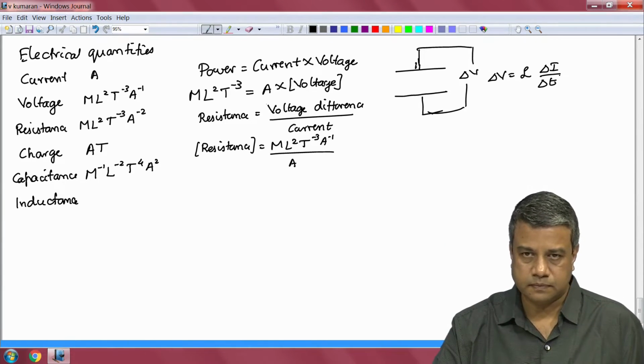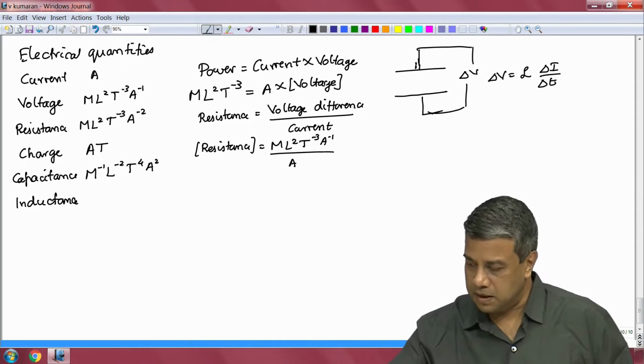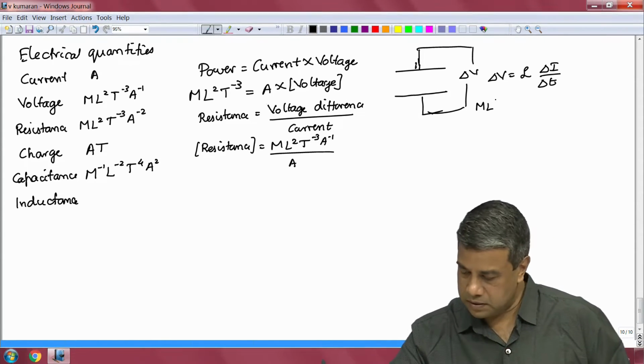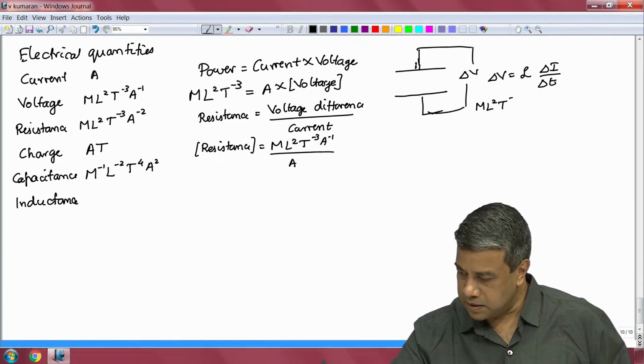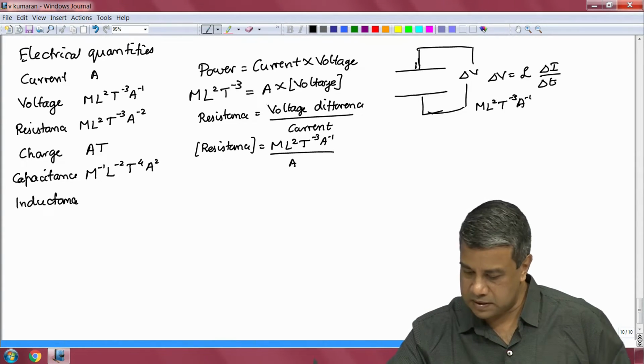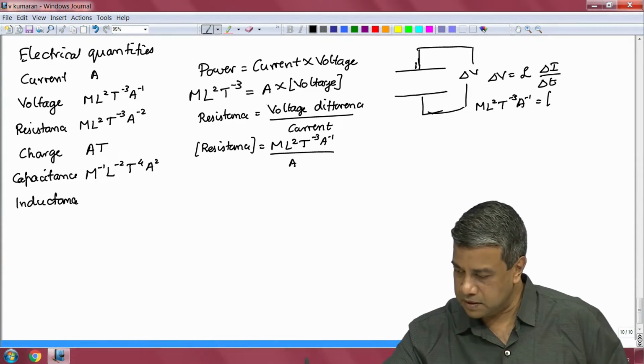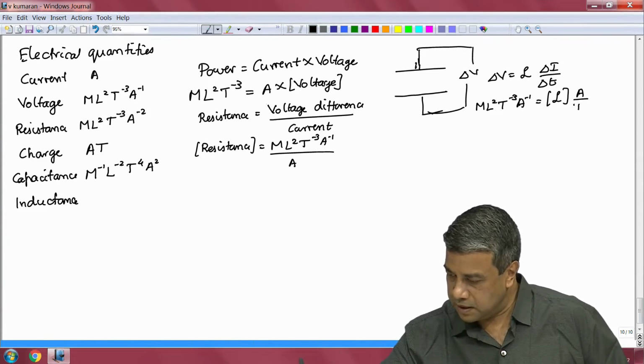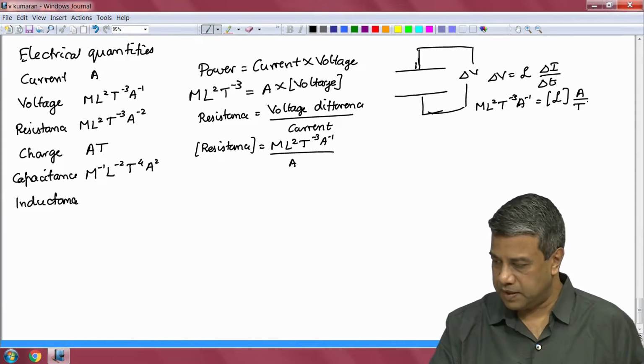That means that the dimension of voltage, that is M L square T power minus 3 A inverse, is equal to the dimension of inductance into A, the dimension of current, divided by T, the dimension of time.